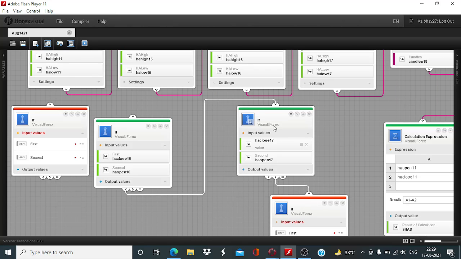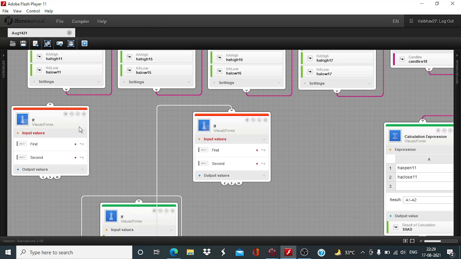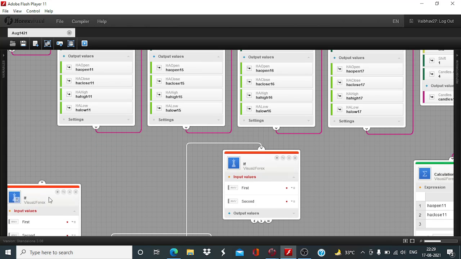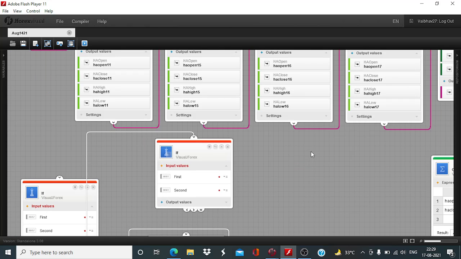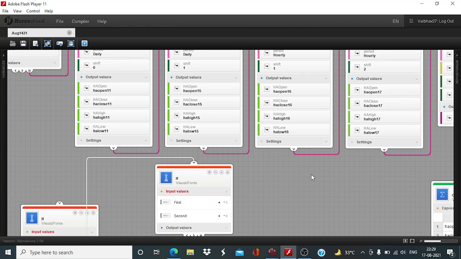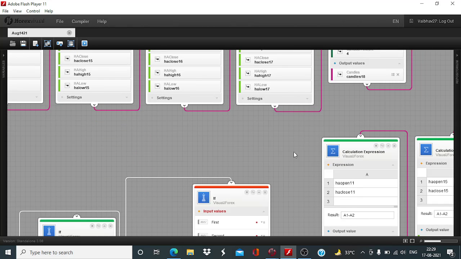After that we compare the calculations which we carried out.